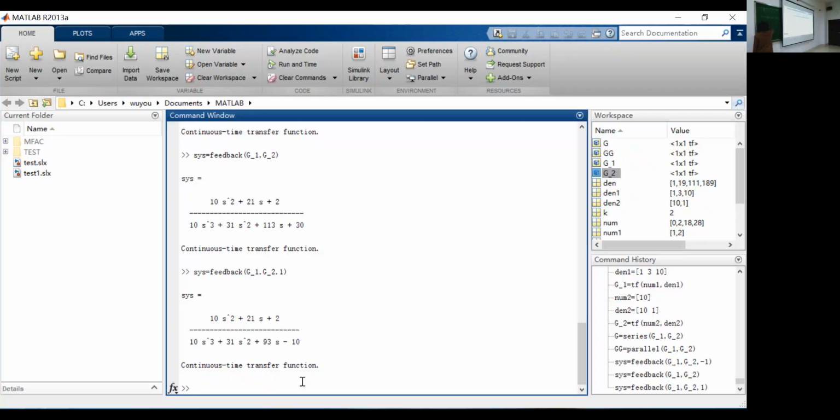But if the system is in the form of zeros, poles, and gain, then use the zpk code. And you can change from one type to another. You can get numerator and denominator from ZPK form to TF form, with Z, P, and K.